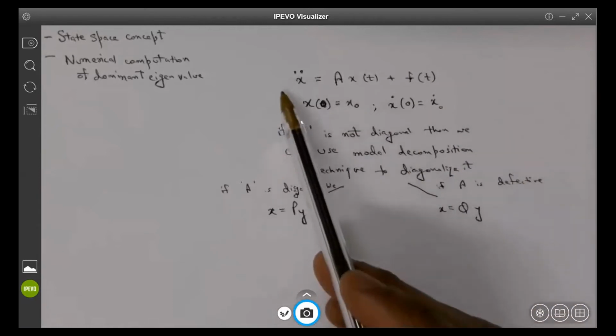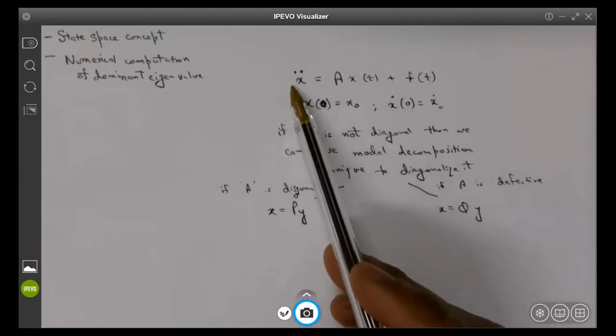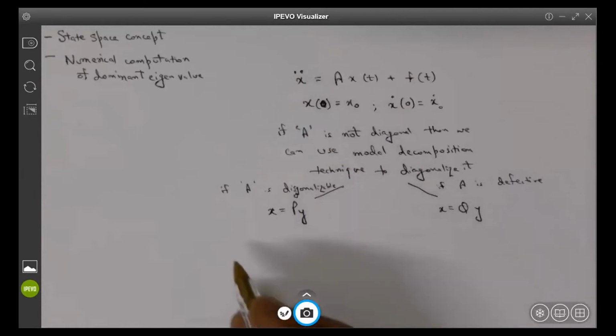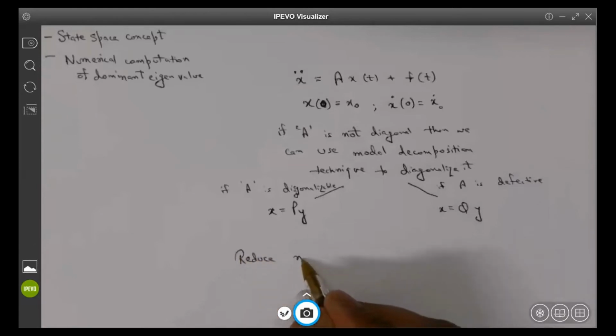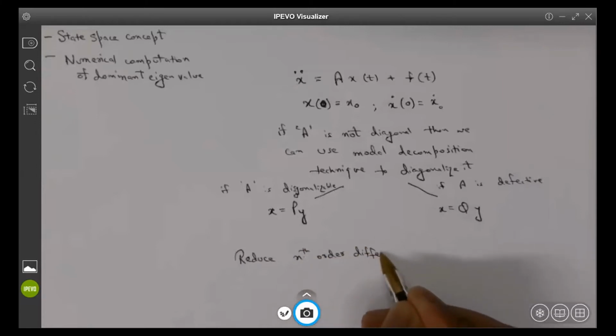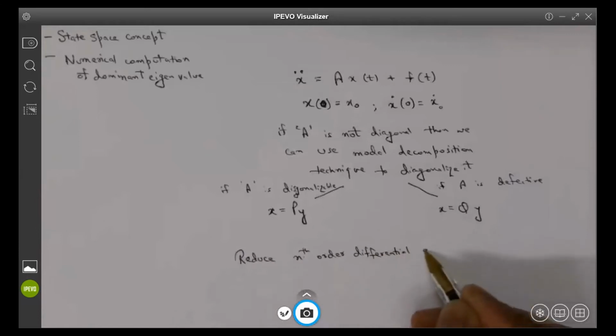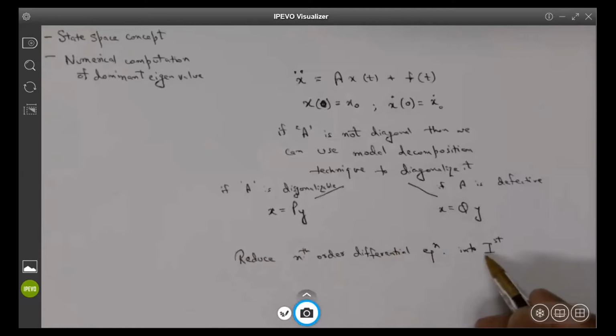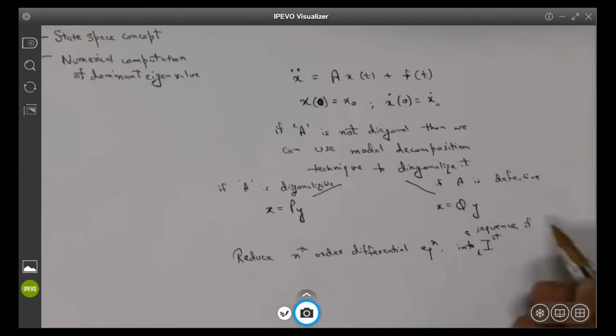The other approach that we saw is to convert this second order differential equation system into a first order differential equation system, that is, reduce an nth order differential equation into a sequence of first order differential equations.